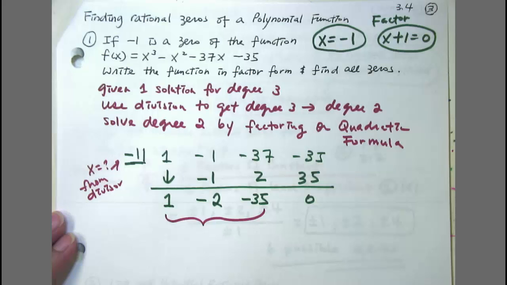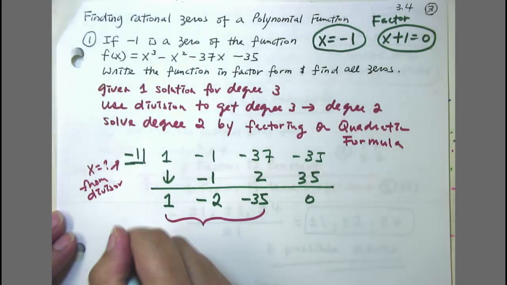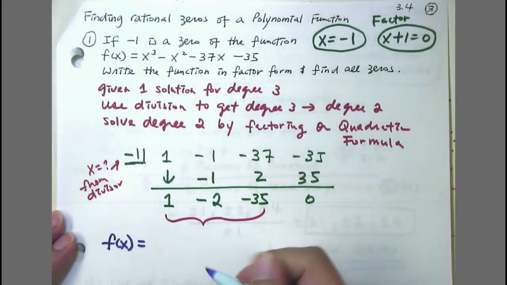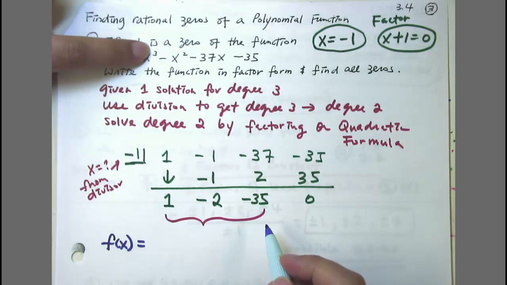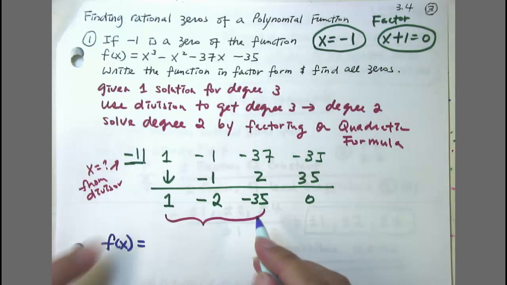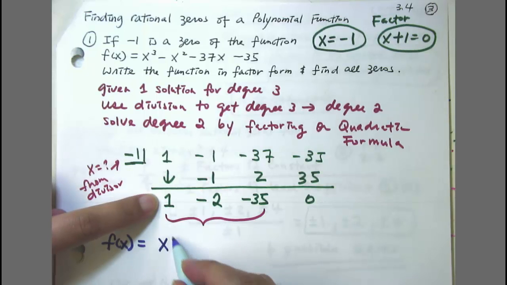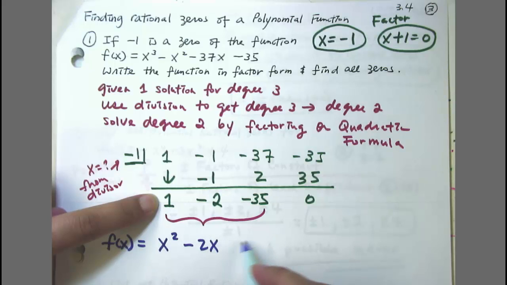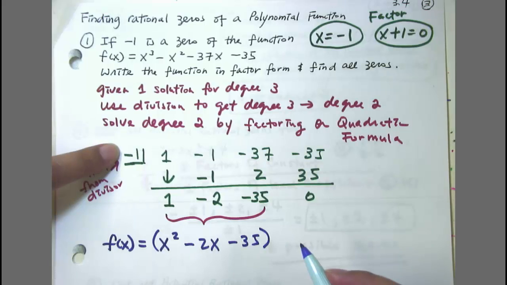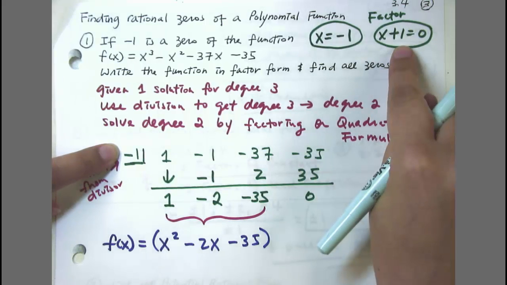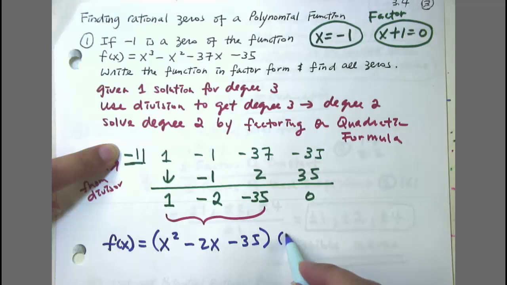So remember, we say your dividend or your function is going to equal your quotient, which we divide the third power to first power, so this should start with x squared, and then what? Minus 2x and minus 35, so it's going to be the quotient times the divisor, with the factor x plus 1.